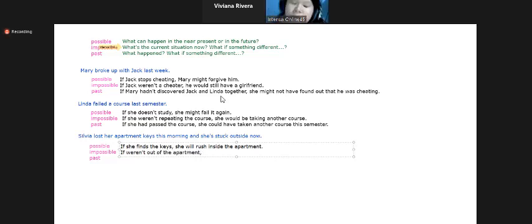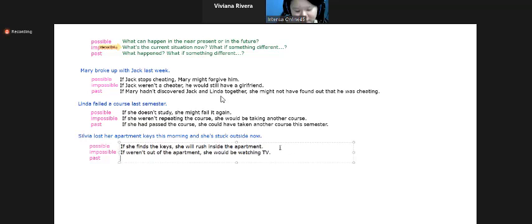You can use could, might, or would. Maybe what would she be doing? She would be watching TV in this apartment. Right.